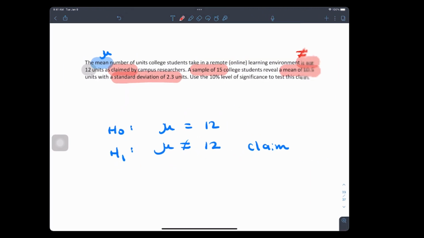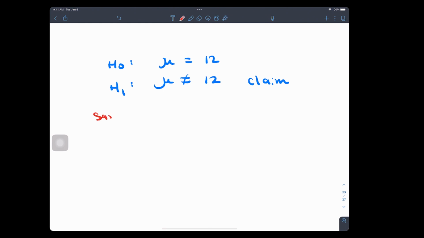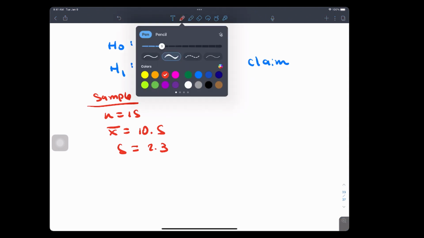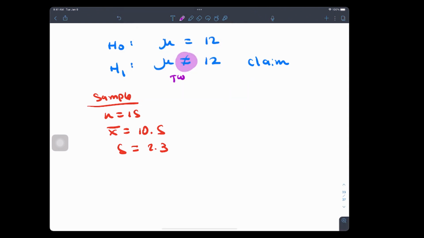Let's do the sample. Don't forget, not equal means what? Two-tailed test.